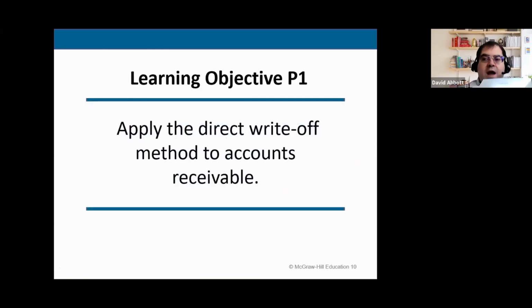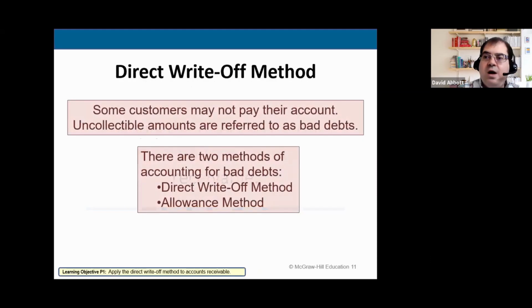Okay, so next we'll learn how we handle what happens when customers don't pay us. We know that some customers will not be able to pay on their account, and so the uncollectible amount is referred to as bad debts. There are two methods for accounting for bad debts. You can use either the direct write-off method or the allowance method.